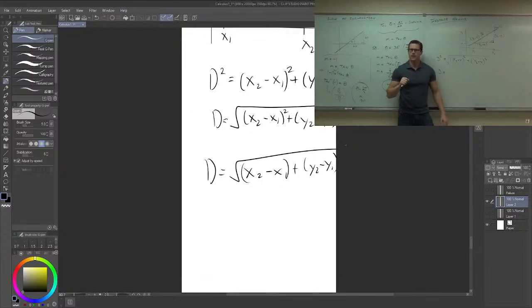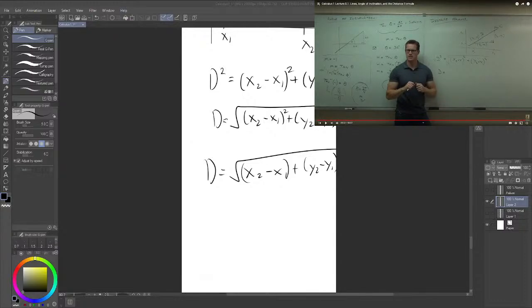See where you're at. Will this square root get rid of this square and that square? What do you think? Does it? I think it does.